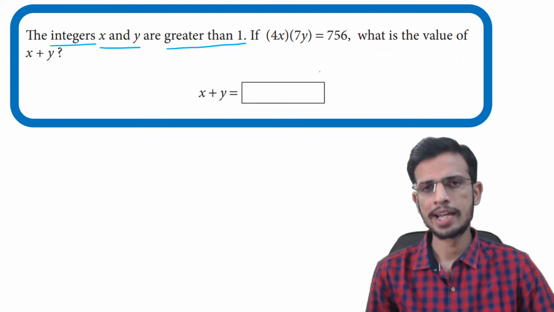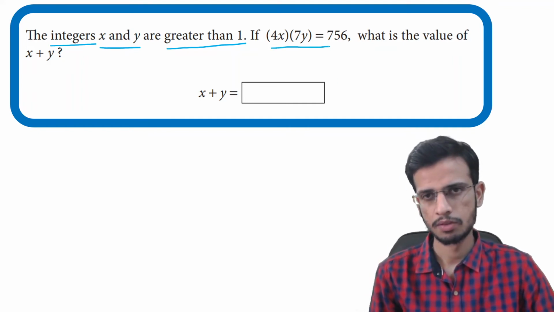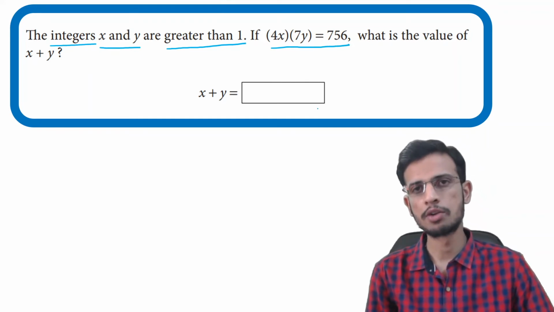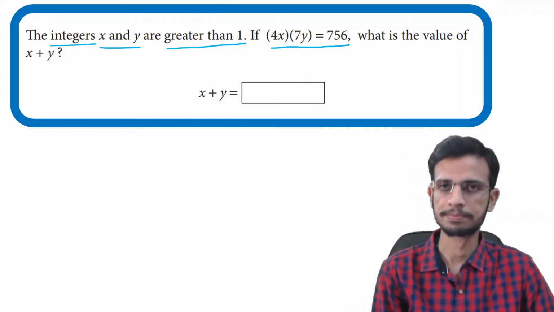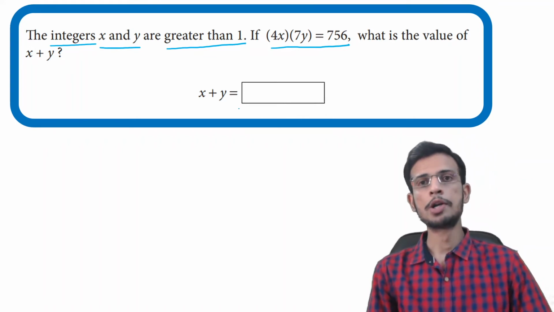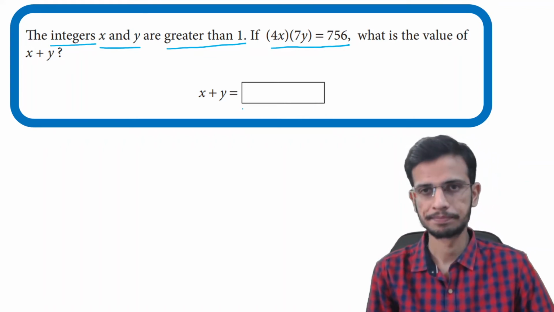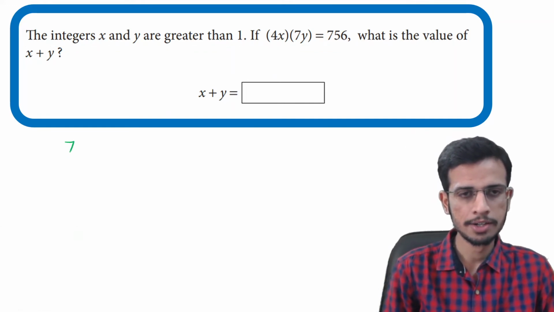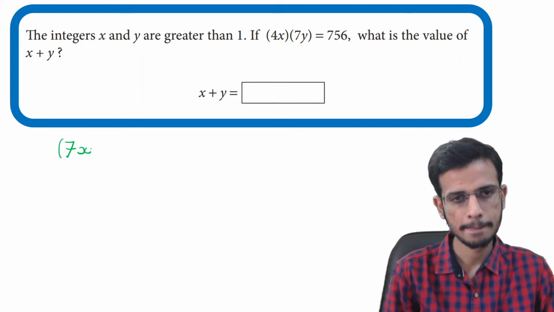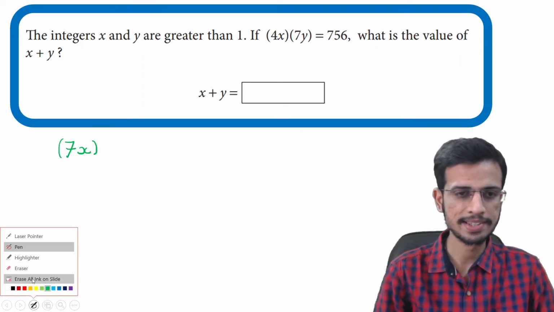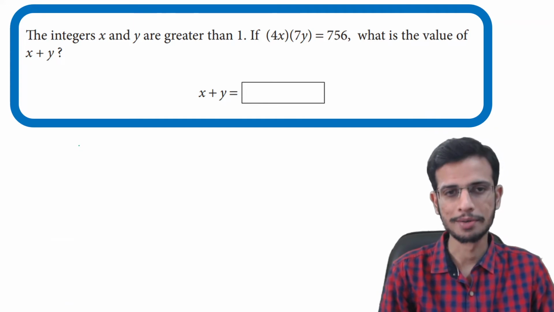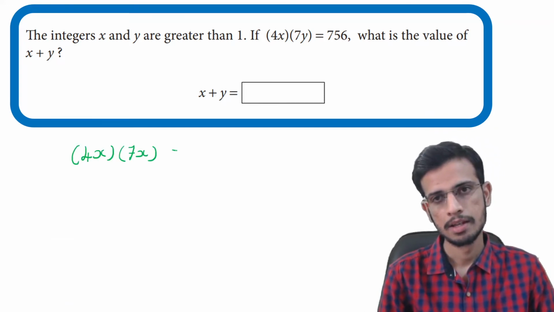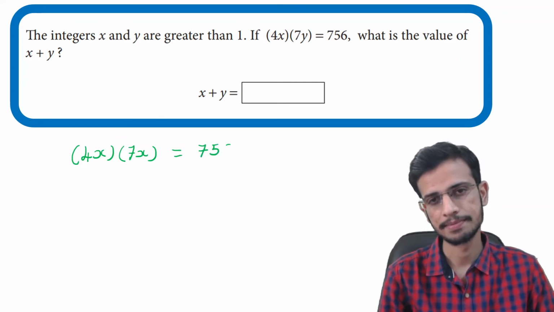So we can simplify this equation. From this equation we can find x into y, the product of x and y, and by using the other condition we will be able to find x plus y. So it is 4x into 7y equal to 756.